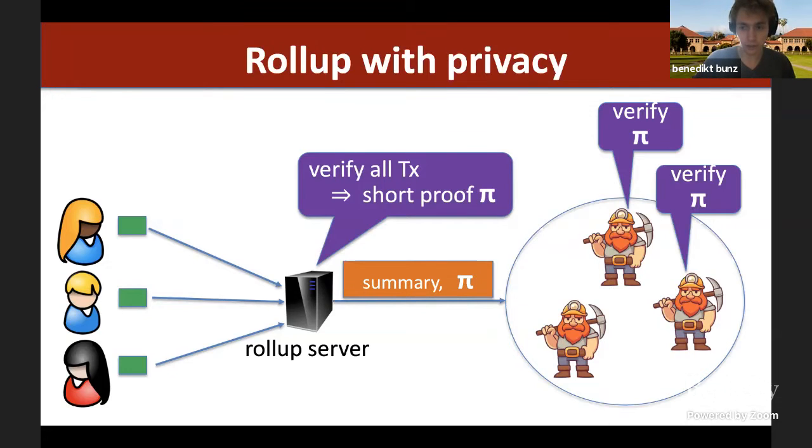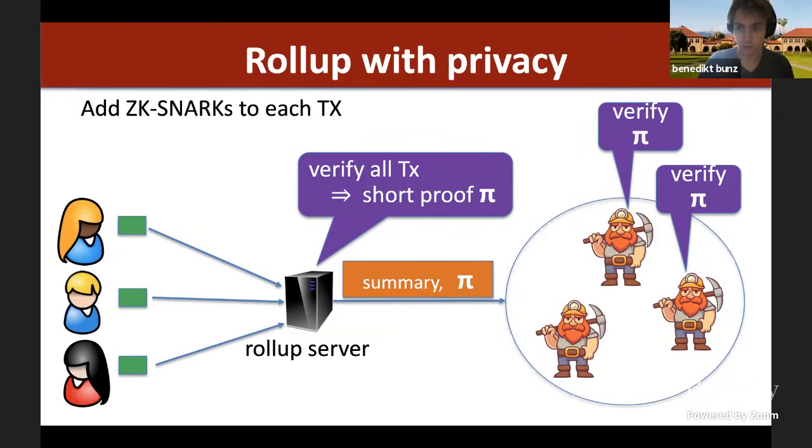The way to achieve privacy, I won't go into any details of how this works, is to also use ZK snarks at the transaction level. So every single transaction now has a ZK snark asserting that whatever local state update the transaction does is in fact valid with respect to, say, some commitment to the state.